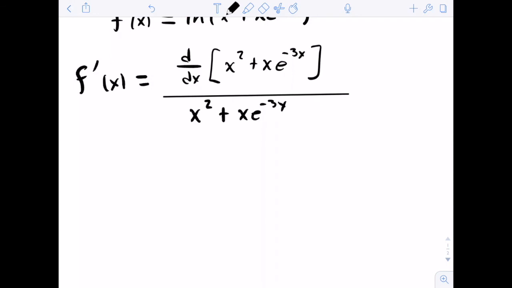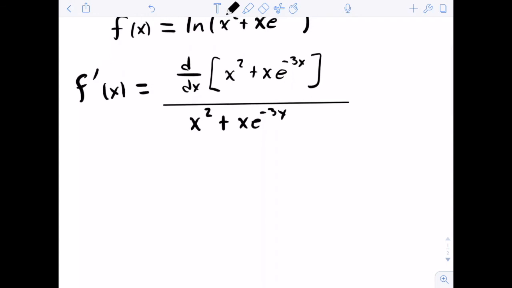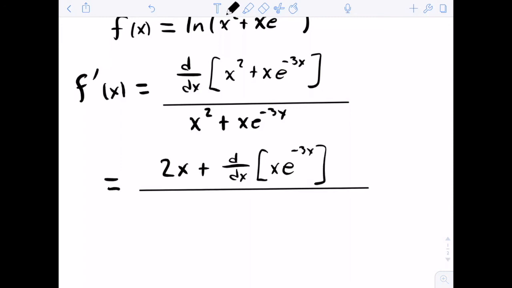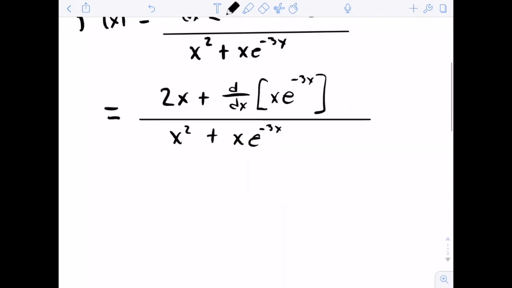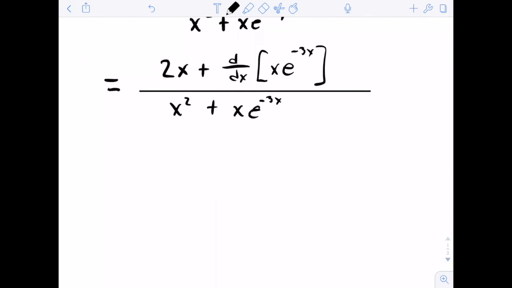The derivative of x squared is just 2x. So we can rewrite this as 2x plus the derivative of x times e to the negative 3x, and this is still all divided by x squared plus x e to the negative 3x.